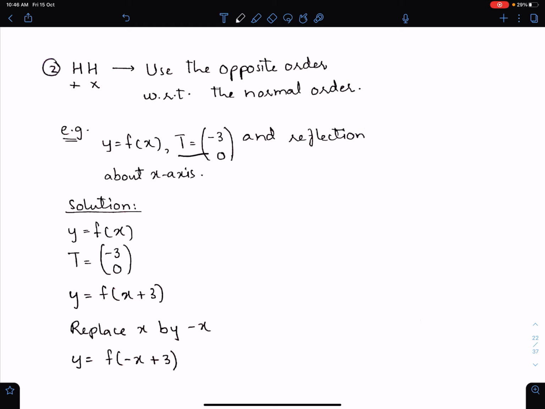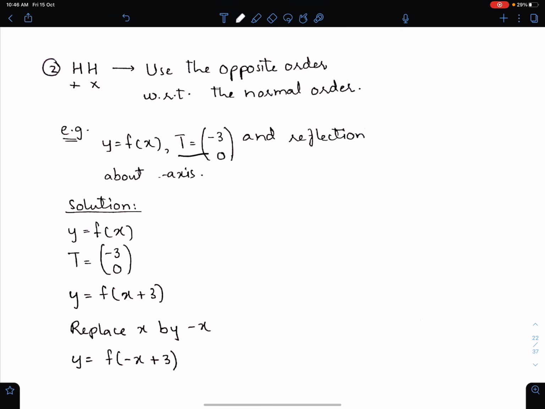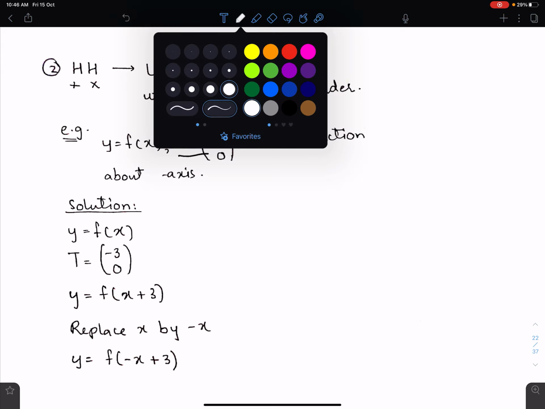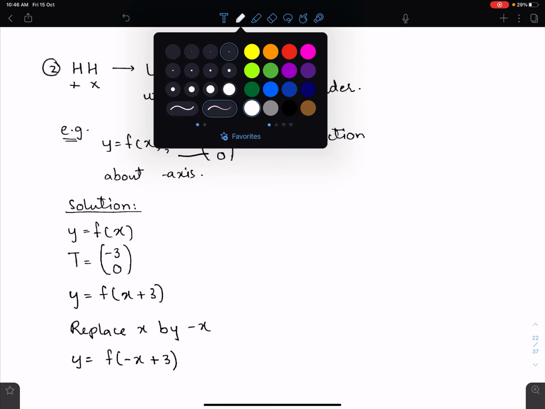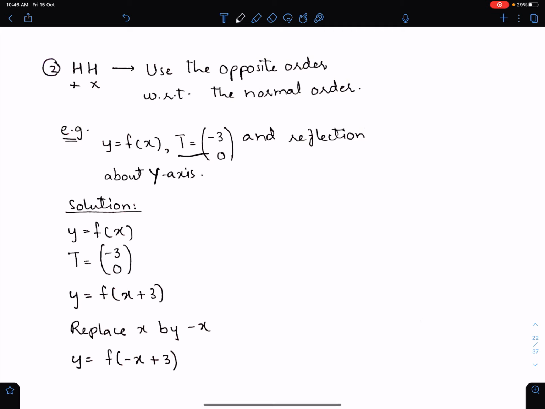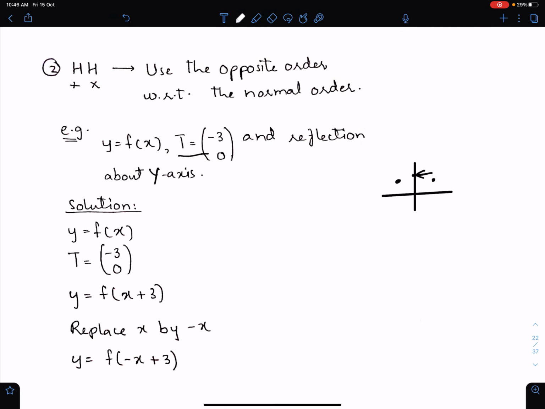Translation and reflection about y-axis, because reflection about y-axis is horizontal. We just added it. Because when you reflect something about y-axis, this means horizontal transformation. I made a mistake. Let me correct it.